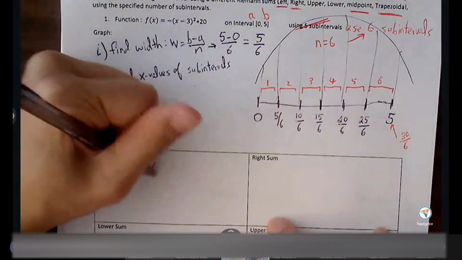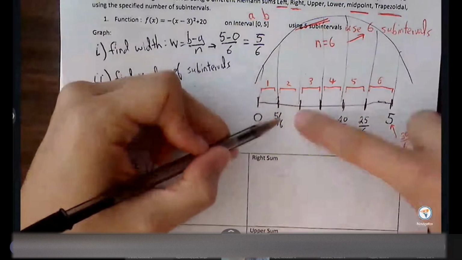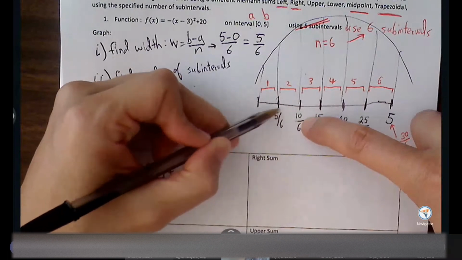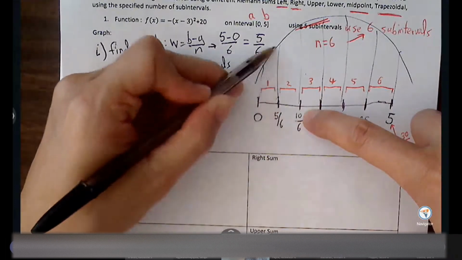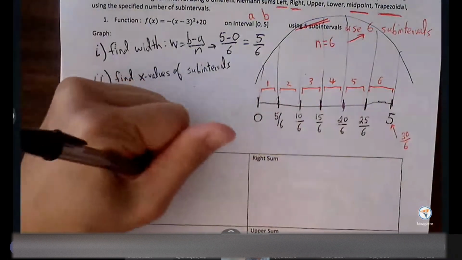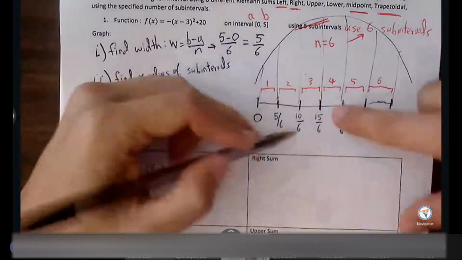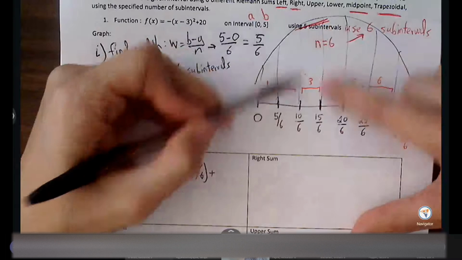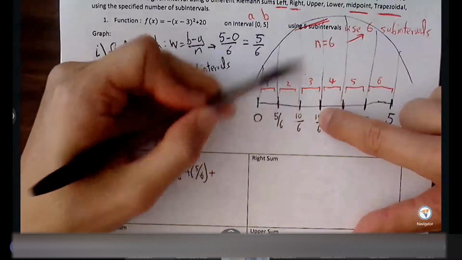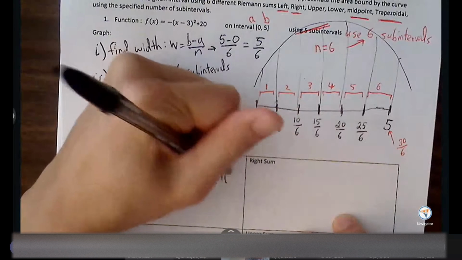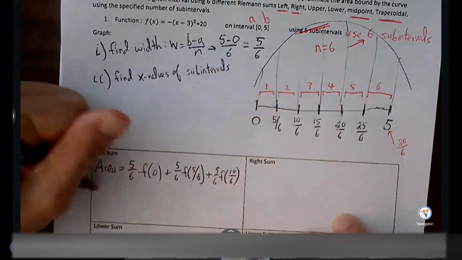So we'll say f of 0. Second rectangle has a width of 5/6 and a height of f of 5/6. Third rectangle, width of 5/6 and the height of f of 10/6. And we go down the line.